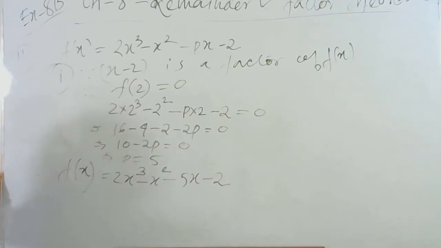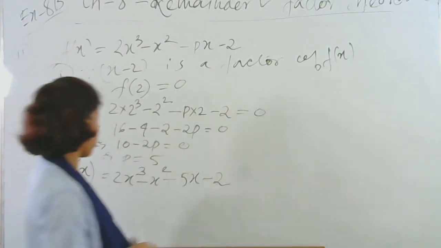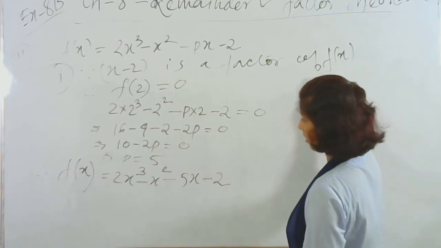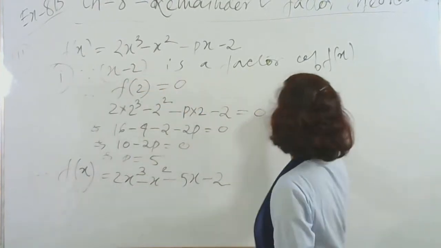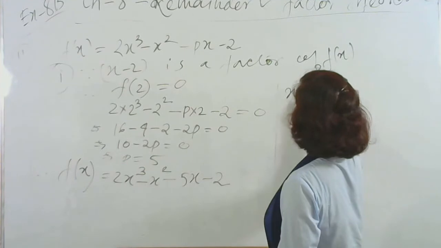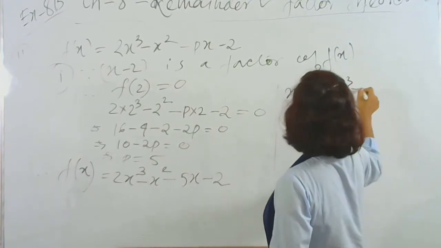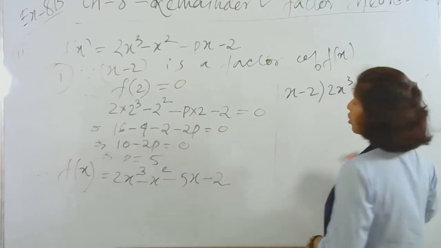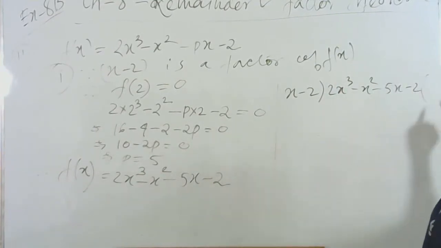So the same way they are asking you to factorize. How will you do it? We'll do it the same way. First of all, your task will be to divide 2x cube minus x square minus 5x minus 2 by the factor. After you do the division, you'll find the quotient, right?